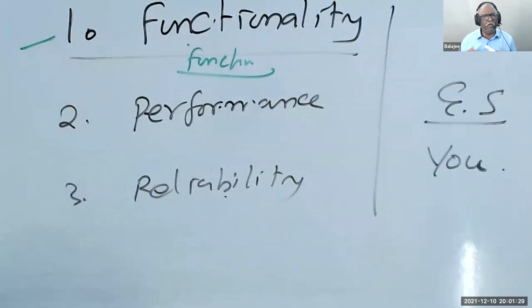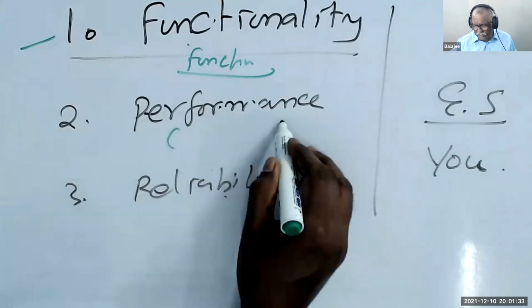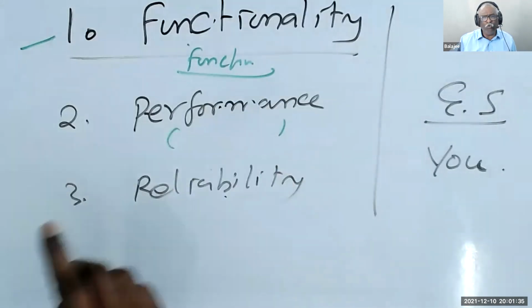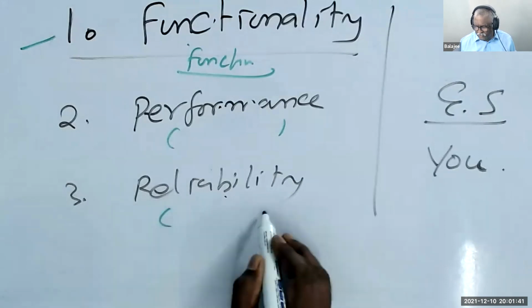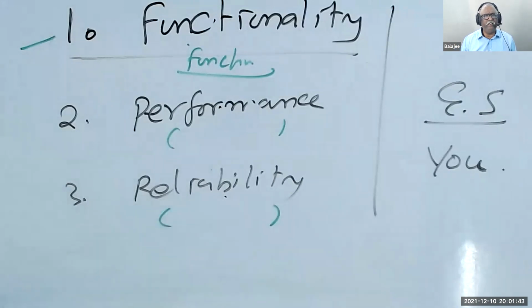Does it support the camera? Does it support everything? But the next important thing is performance: how well it is doing. When I press the button, does it respond immediately, with no delay? And the third one is reliability. That means my phone always works and never switches off. If somebody says this phone hangs every 1 hour, you will never buy it.